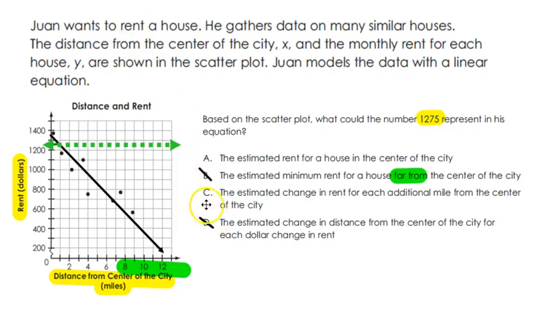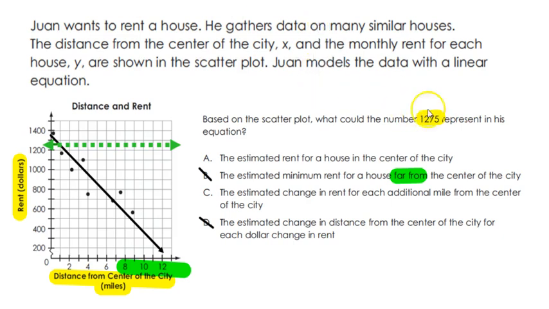So the other option we have is C, the estimated change in rent for each additional mile from the center of the city. Well, let's look at this. The rent is going down. We read it from left to right. The rent is going down. But this number is positive, and positive means going up.